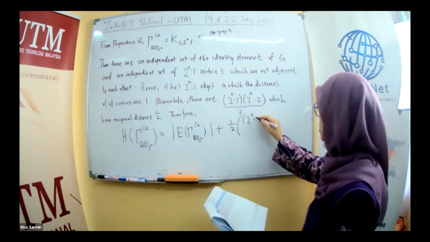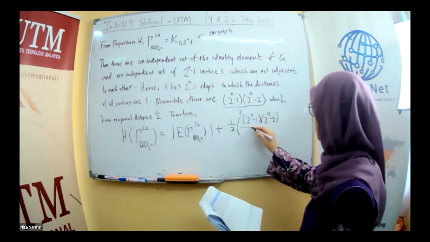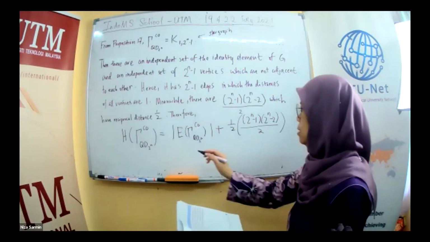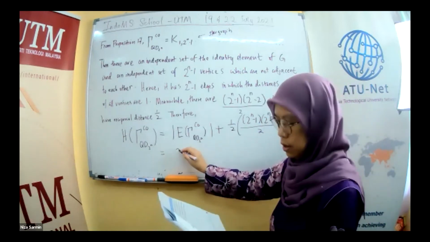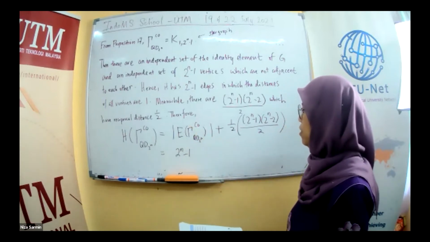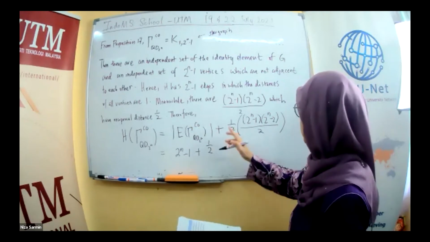So you can plug in: we have 2^n - 1 for this number of edges plus 1/2 of this whole thing.